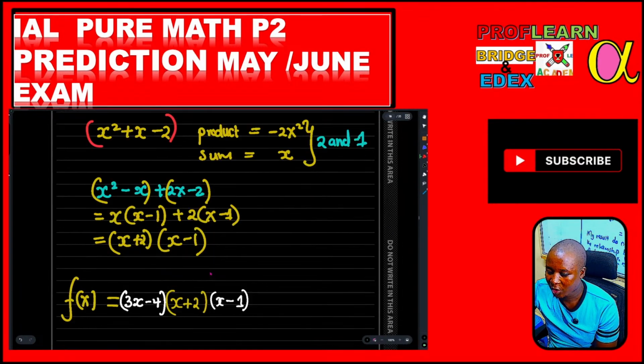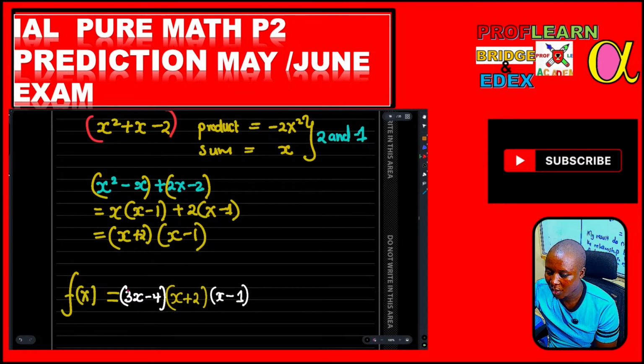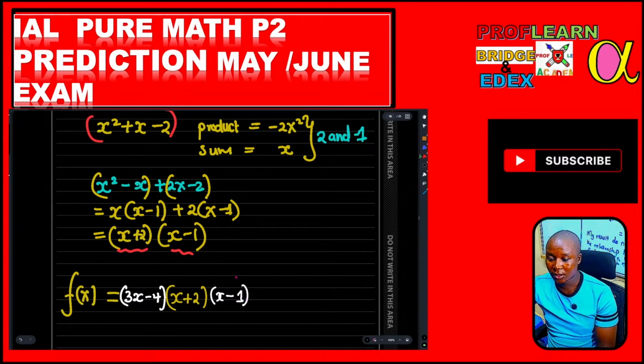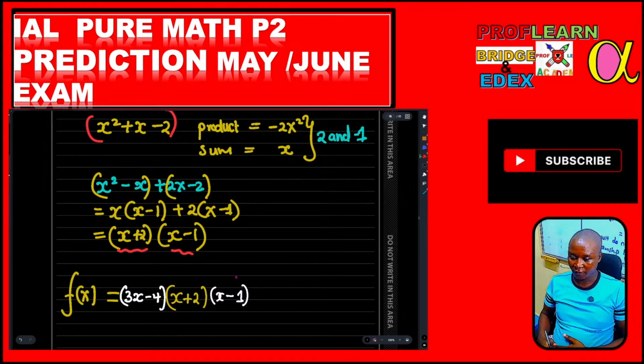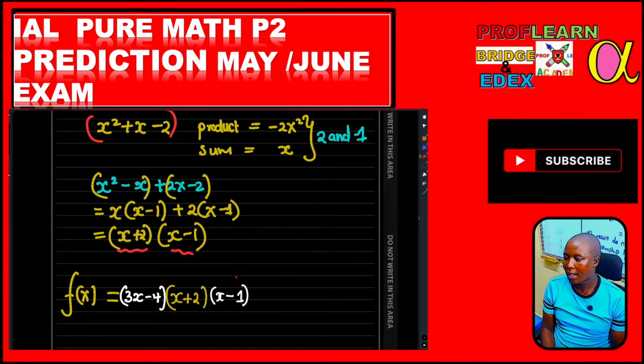Because the first was one of the factors and these two are also factors, 3x minus 4 into x plus 2 into x minus 1 is the fully factorized form of that expression. I'm 100% sure this question will show in the exam in a different format, but the approach will be the same.